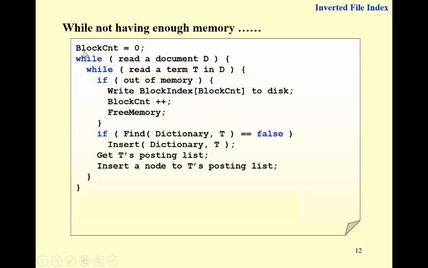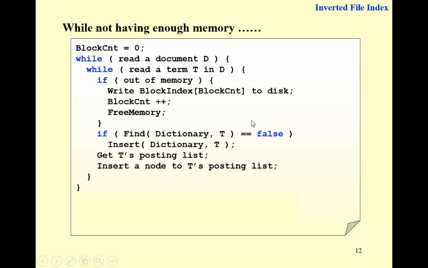Okay, we initiate the block counter to be 0 first. If we're out of memory at this point, then we should write this block of index to the hard disk, increment the block counter, free this piece of memory and continue.